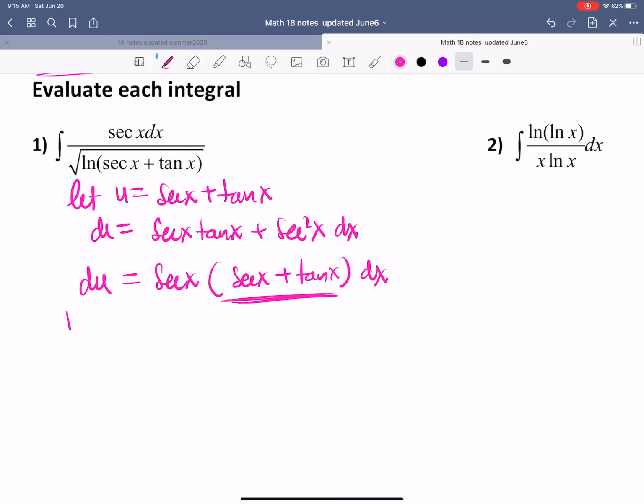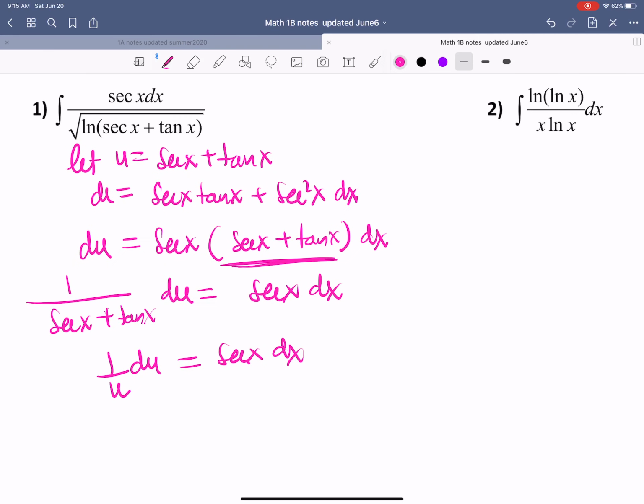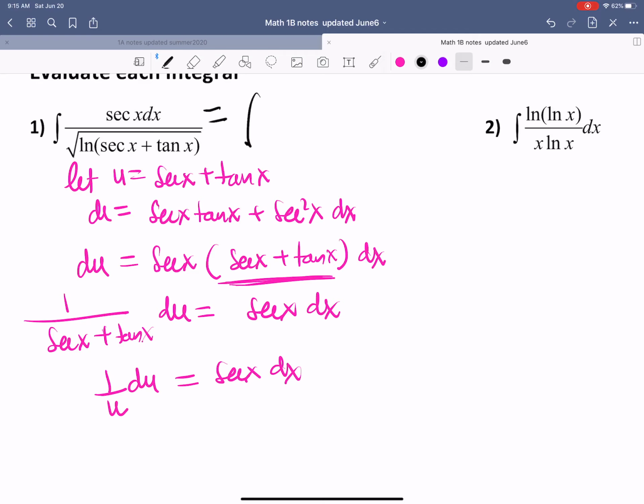So if I take 1 over secant x plus tangent x du, that will be secant x dx. We can call this 1 over u du is secant x dx, right? So this integral does convert into 1 over u du.